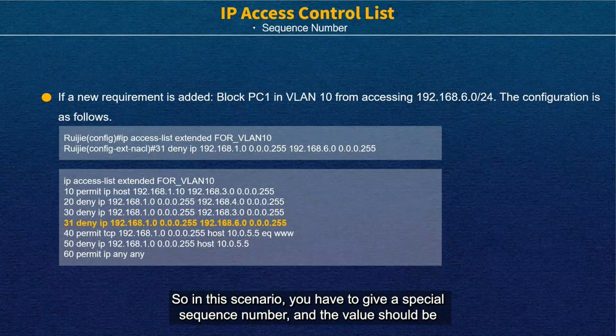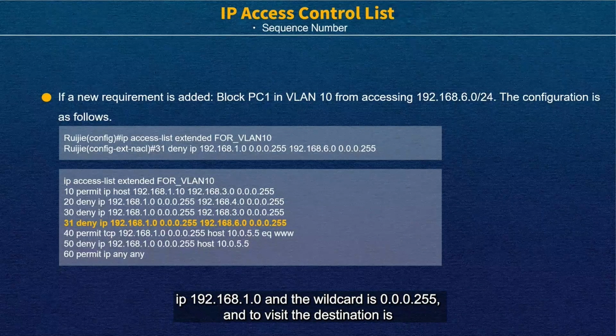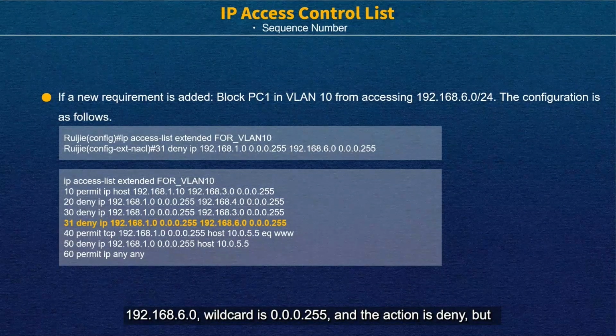So in this scenario, you have to give a special sequence number, and the value should be bigger than 30 and smaller than 40. For example, we will use 31 to deny IP 192.168.1.0 with wildcard 0.0.0.255 to the destination 192.168.6.0 with wildcard 0.0.0.255.